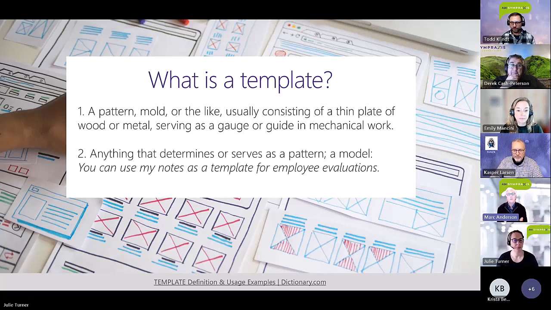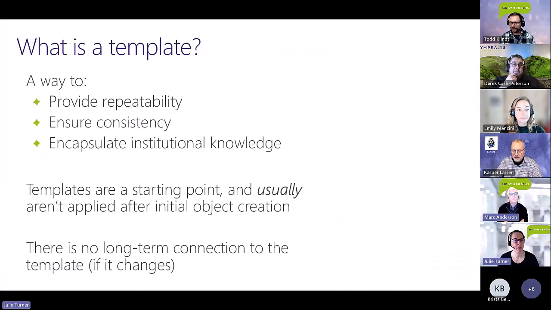But there are some things about the way templating works, especially in the SharePoint Microsoft 365 world, that might be a little different than what some people think. If you've been using these kinds of templates before, you probably are well aware of this stuff. But in this context, templates are a starting point, and they usually aren't applied after you create that initial thing.